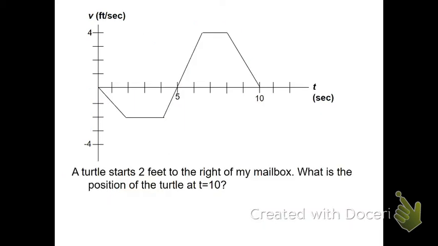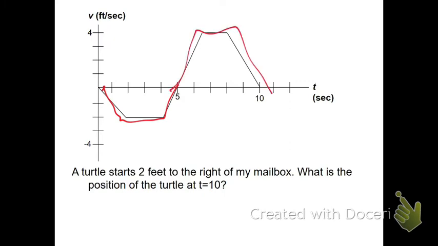Okay, now let's talk about distance traveled or new position, okay? So, this turtle starts 2 feet to the right of my mailbox. What is the position at t of 10? Okay, well, we know the turtle would have gone left for this much and then right during this part, okay?